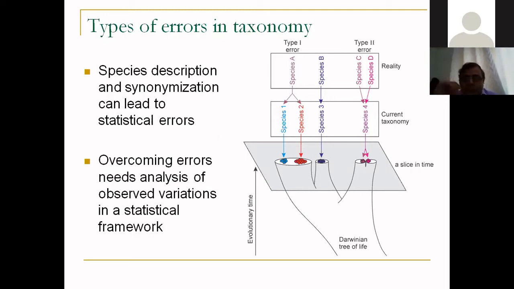Obviously type 1 error is problematic, I have already explained why, but type 2 errors are also problematic because in conservation efforts we need to understand the species and its ranges. So calling everything the same species can cause problems for our conservation efforts, and so on and so forth. So we have to take care of both type 1 and type 2 errors in taxonomic descriptions.